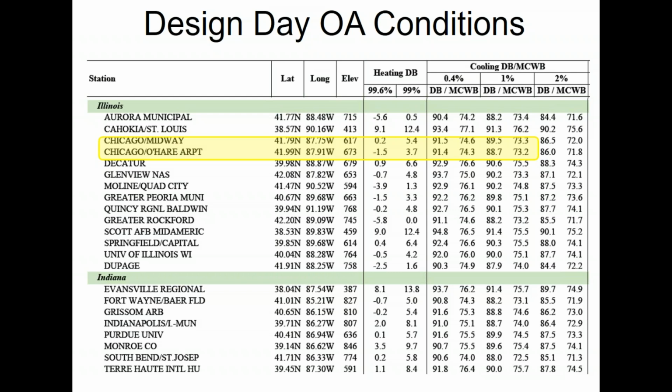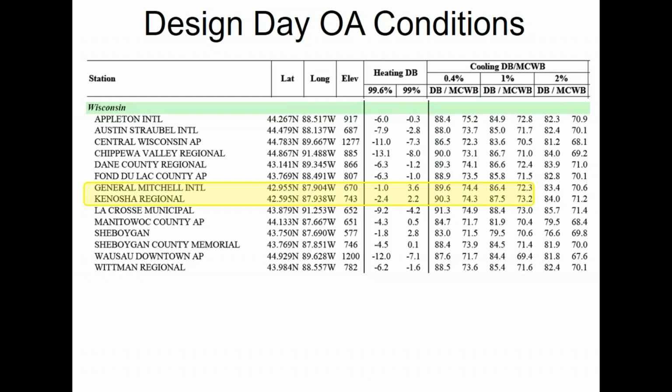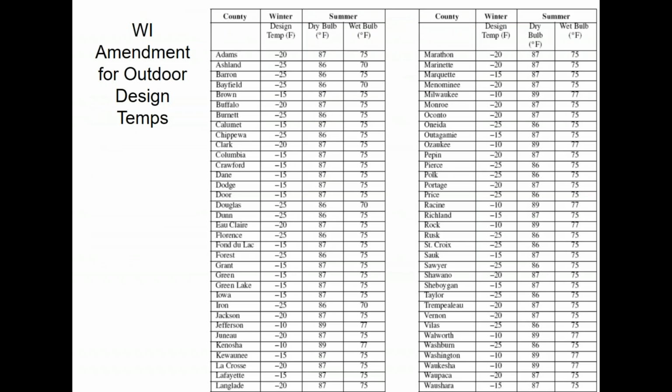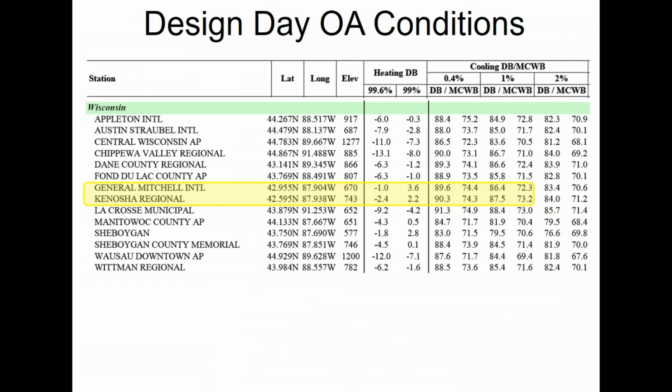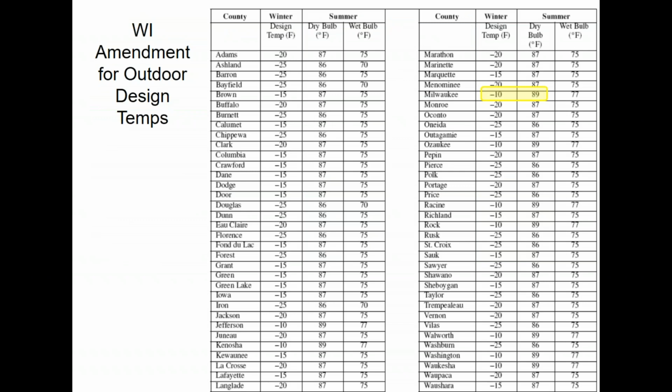And then if you're in the suburbs, there's differences to that on the chart here. Wisconsin, if you were at Milwaukee, it would be -1 and let's say 89.6. However, Wisconsin's state code has an amendment that says exactly the outdoor temps that you need to use per the state code. So the ASHRAE handbook is then superseded by this amendment for Wisconsin.